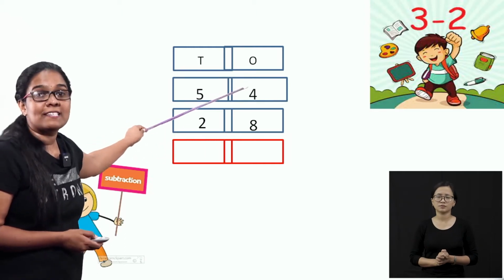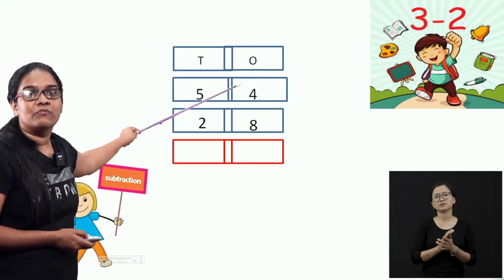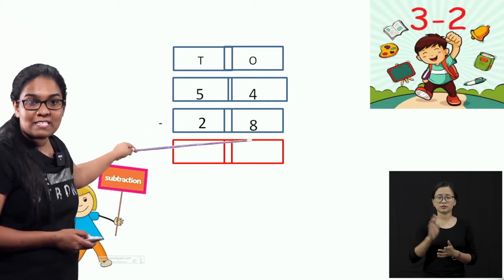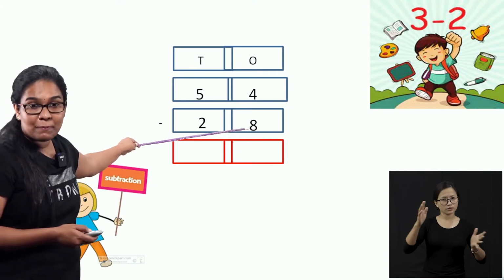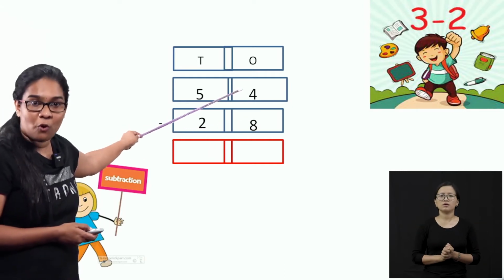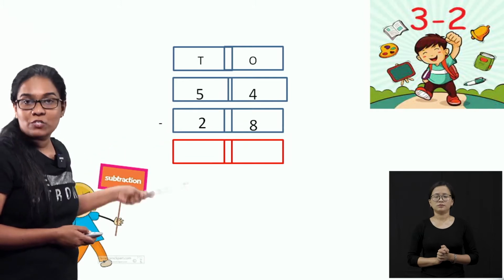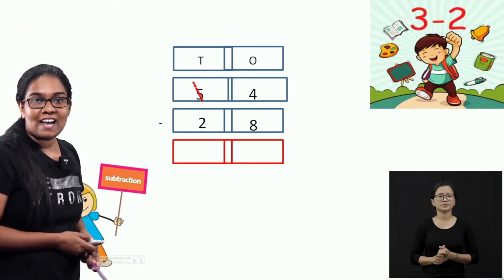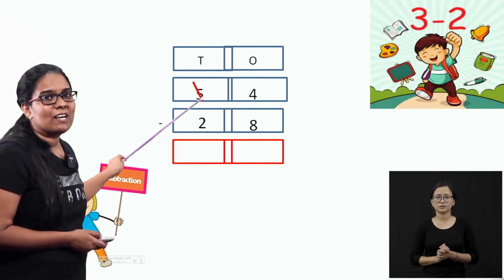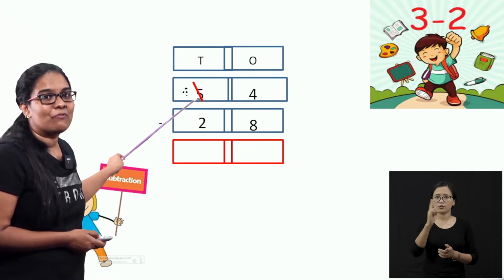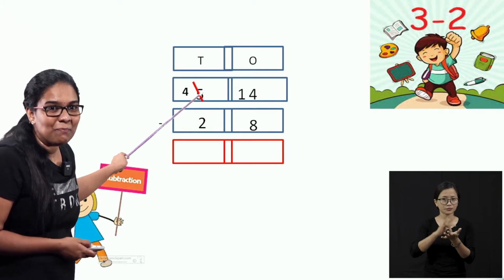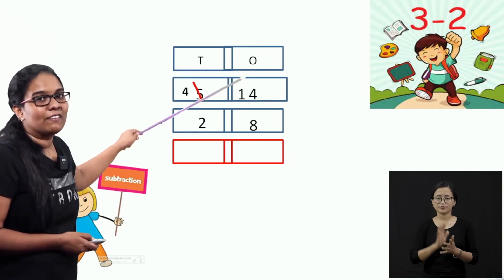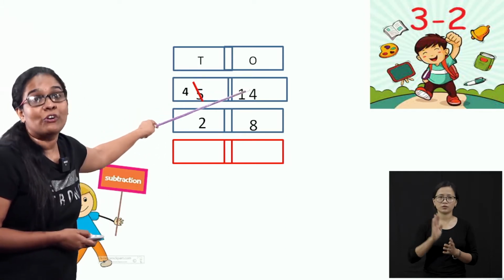We can't subtract 8 from 4, because 8 is a bigger number. So what do we do? Yes, we take 1 from here. Then this 5 becomes 4 and this 4 becomes 14.